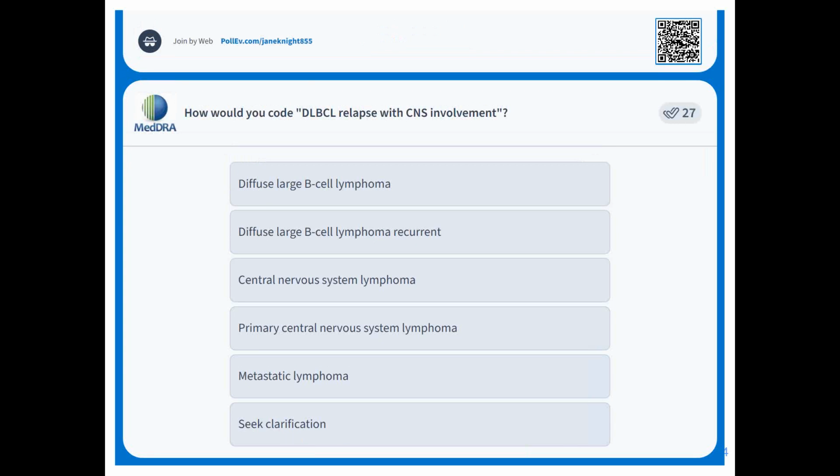What would you do? It's quite a complex verbatim, but we are often asked to really also address verbatims in the area of oncology.